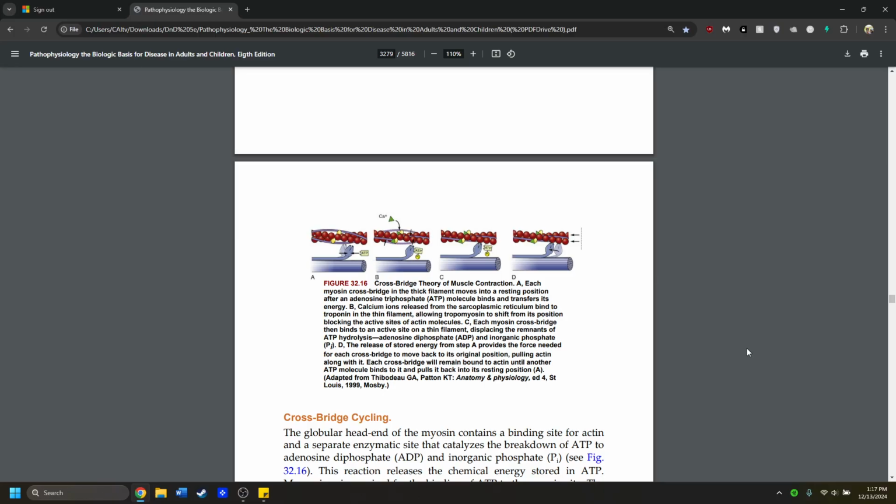It binds to the troponin in the thin filament, allowing tropomyosin to shift from its position blocking the active sites of the actin molecule. Okay, and then in part C, each myosin cross-bridge binds to an active site on the thin filament, replacing the remnants of the ATP hydrolysis, the adenosine diphosphate (ADP) and inorganic phosphate (Pi).